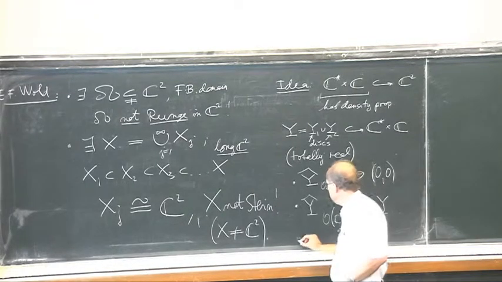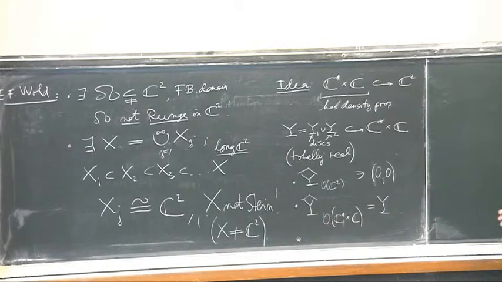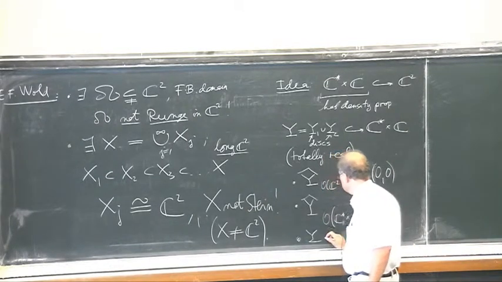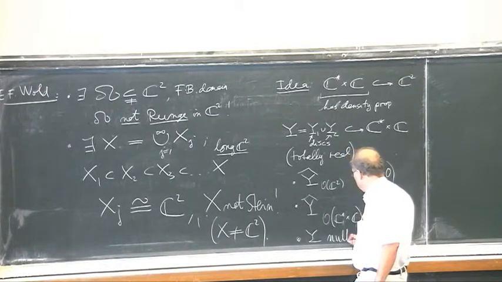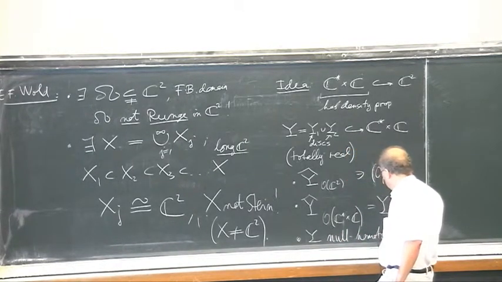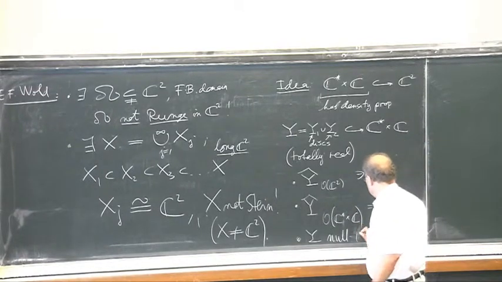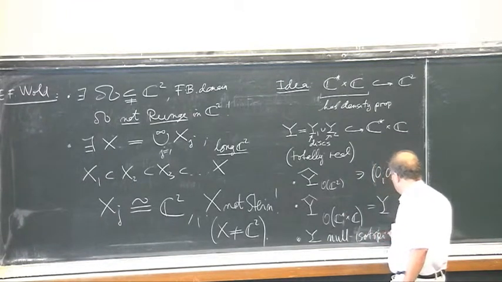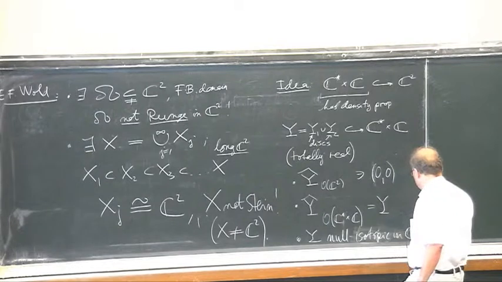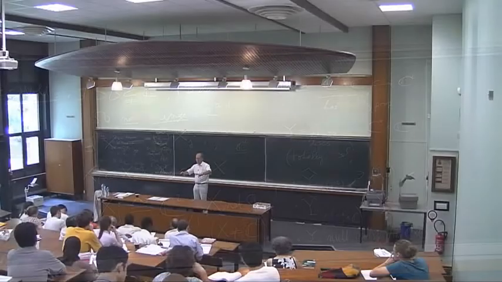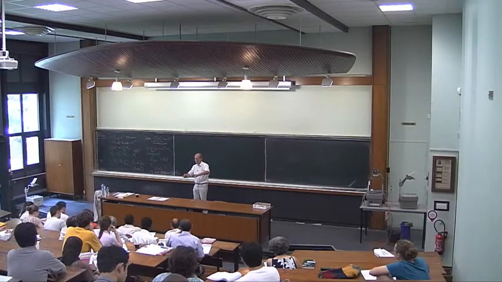And then the third property is that this Y can be squeezed to any small ball. So it's like homotopic to 0. So Y is null homotopic, but not just null homotopic, but I would say null isotopic in C star cross C. So this really means that I can squeeze Y. I have a family of smooth, even analytic deformations of this Y so that it ends up in a very small ball someplace.